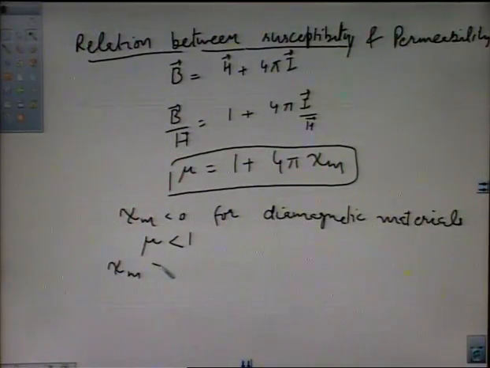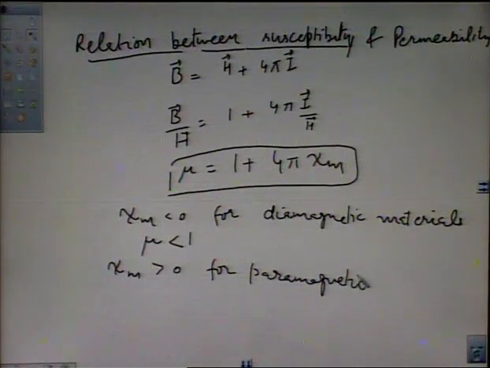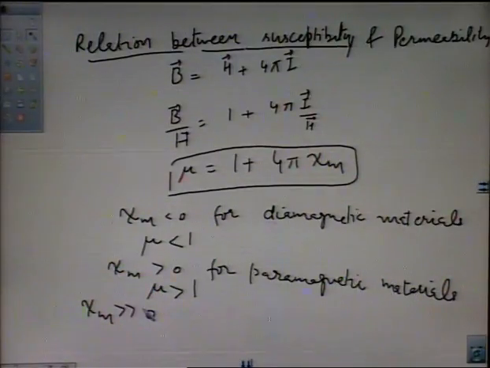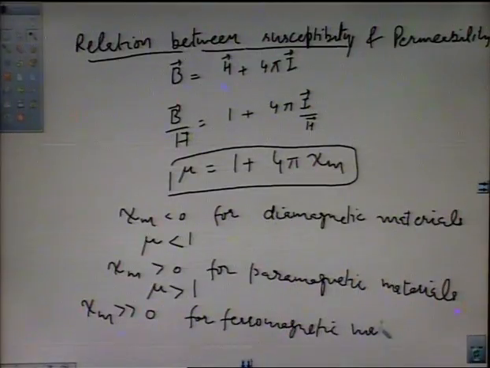Since chi m is greater than 0 for paramagnetic materials, mu is greater than 1 for paramagnetic materials, and chi m is greater than 0 for ferromagnetic materials. That's why the value of mu is also greater than 1 for ferromagnetic materials.